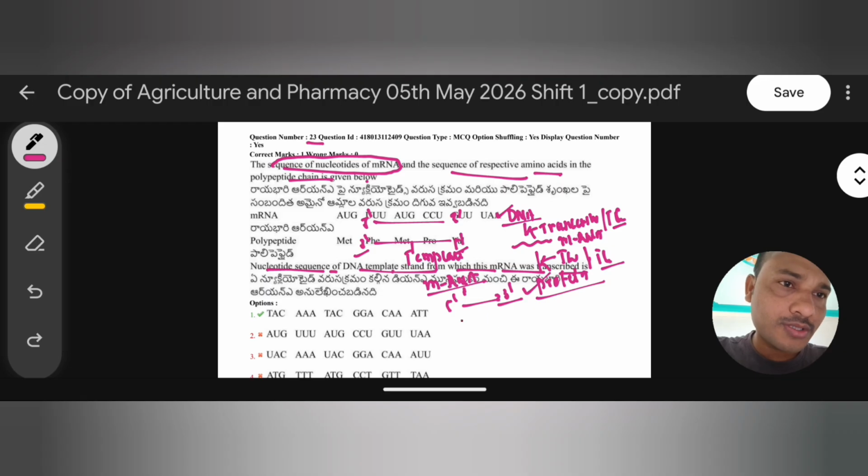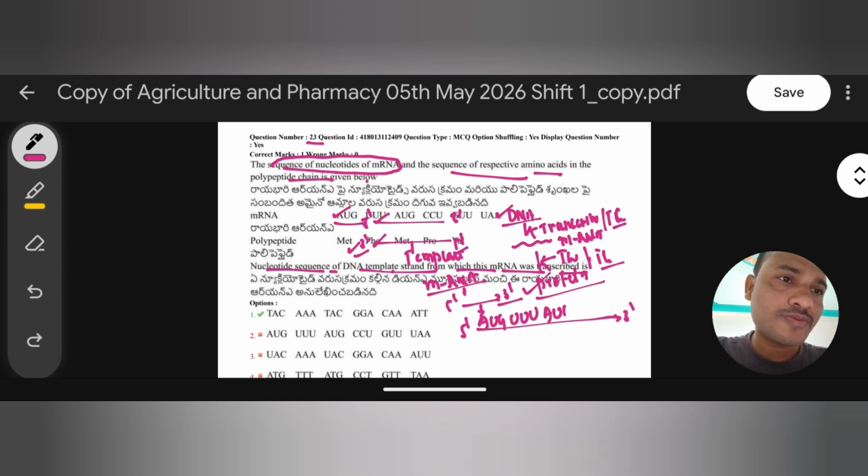In the question, the mRNA sequence is already given, written 5 prime to 3 prime. AUG codes for methionine, and then phenylalanine.